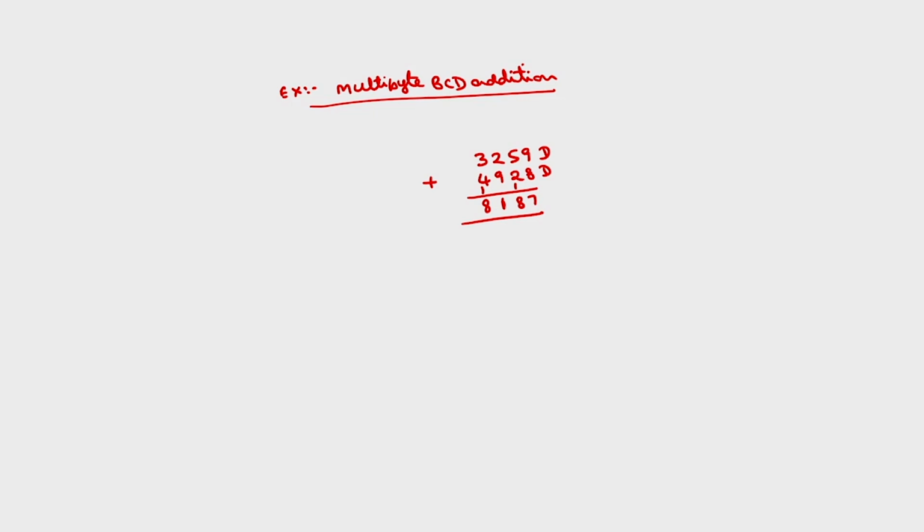You can extend this to any number of bytes. Okay. So, I am taking for the sake of simplicity only 2 bytes. Multi-byte means you can have any number of bytes. So, this is the BCD addition I want to perform. Okay. So, for that you assume the appropriate memory locations. Same data segment.